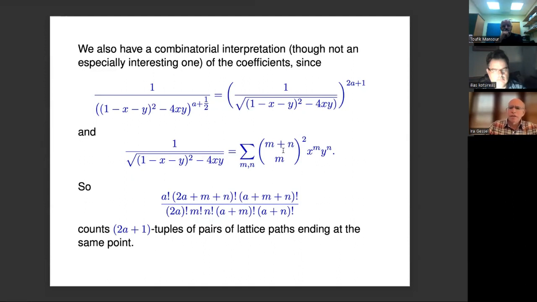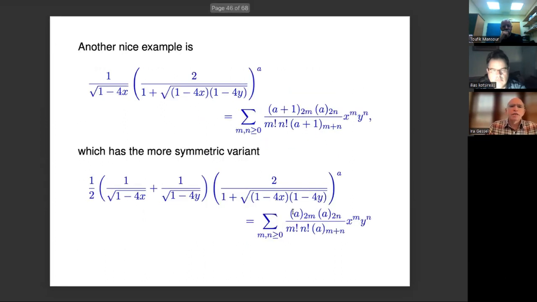So we get a combinatorial interpretation of this number. It's going to count 2a plus 1 tuples of pairs of lattice paths ending at the same point. It doesn't seem to be particularly interesting as a combinatorial interpretation, or something that we really want to count, but it does count something reasonable.